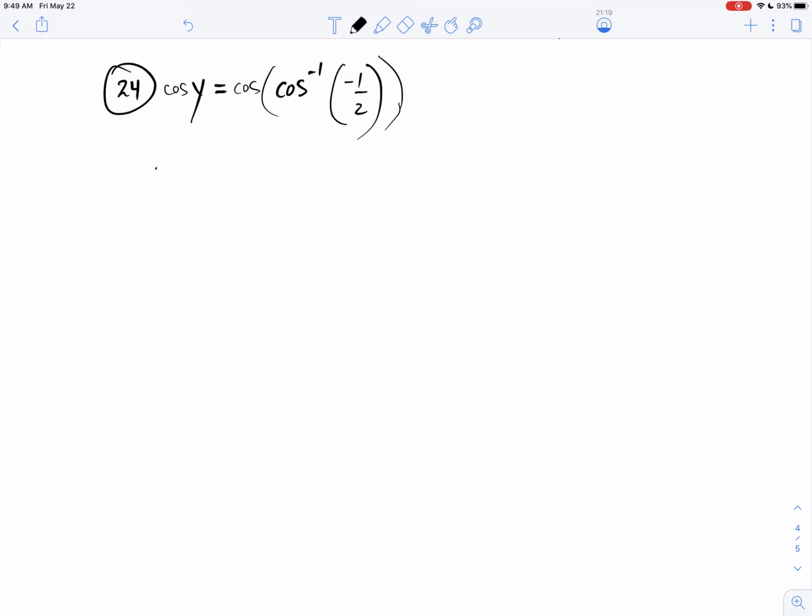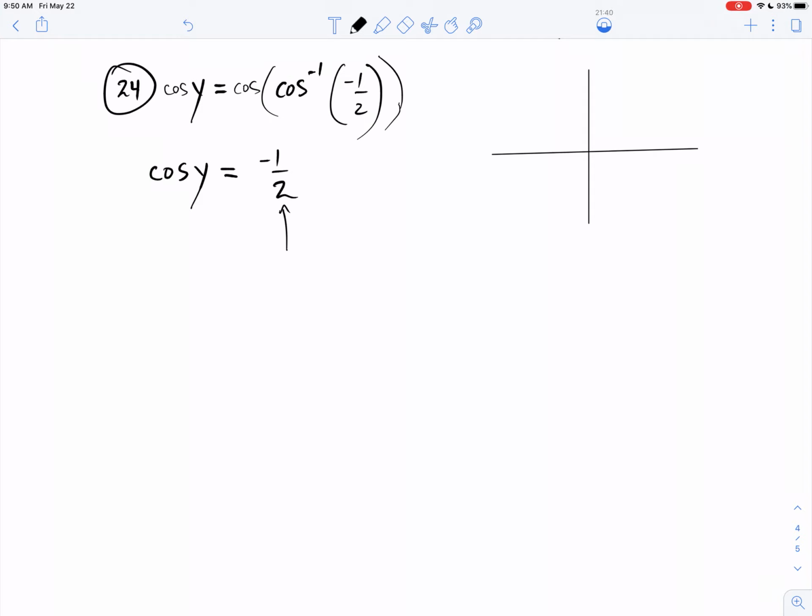Over here I get cosine of some angle y is equal to negative 1/2. So let me draw this out, because when I need to find the answer for a cosine and I get something like this, chances are I'm going to draw a reference triangle.